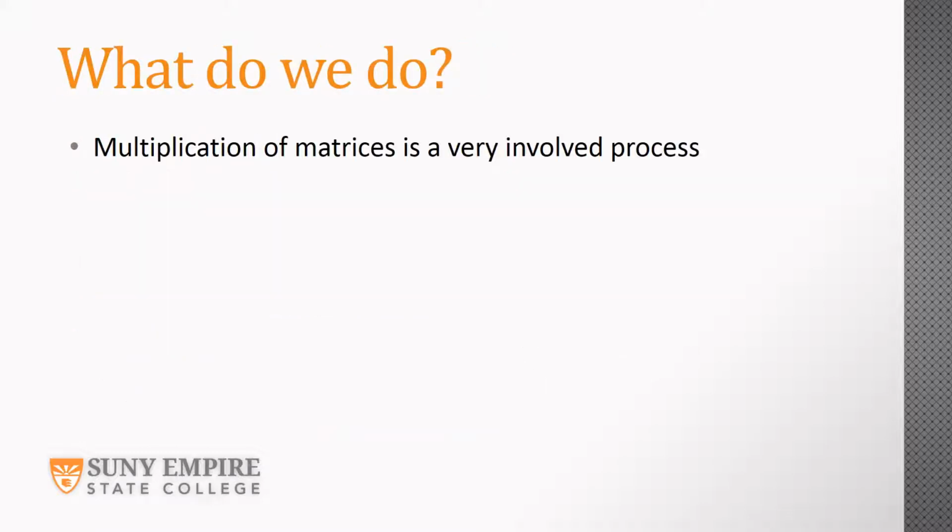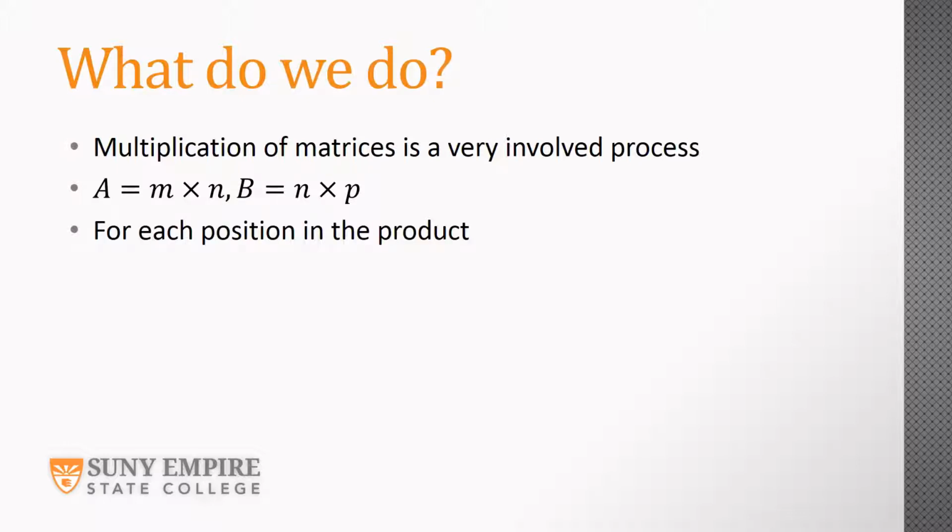The method that we use to multiply matrices is rather complicated. Since our inside numbers for the dimensions must be equal, we can think of those dimensions for A and B as m by n and n by p, respectively. To perform the multiplication, we must go position by position.